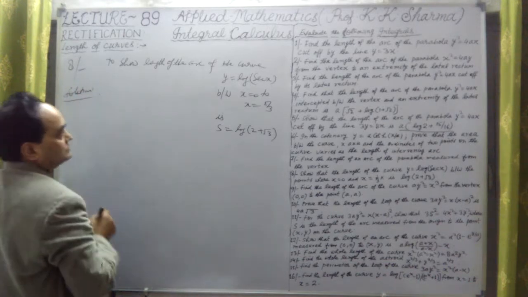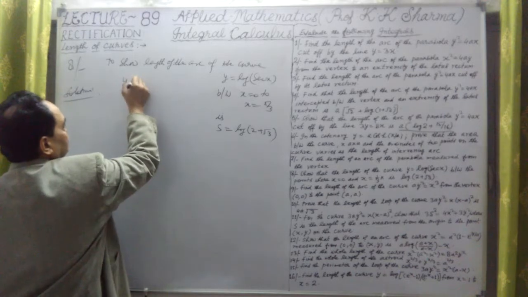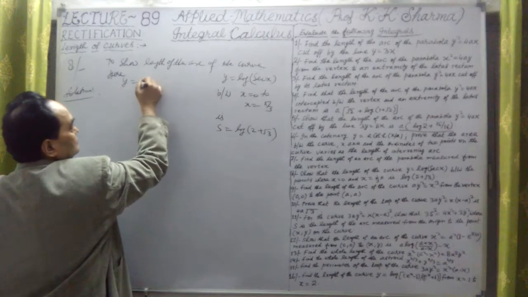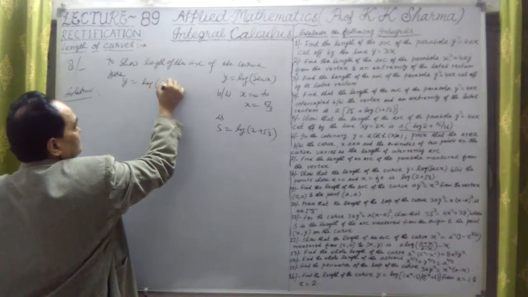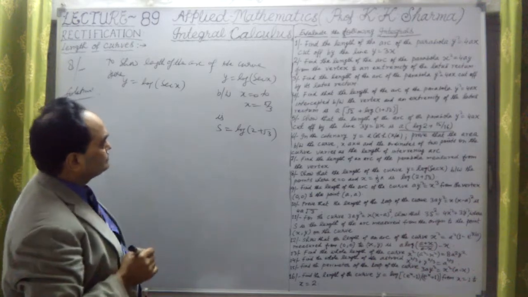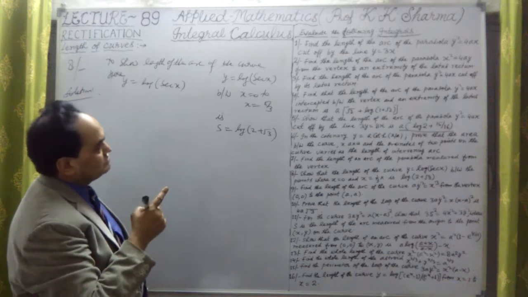Let me check it. So length of the arc here, y is this. So this is log of secant x. Differentiating it with respect to x, because y is given but ordinates are for x.